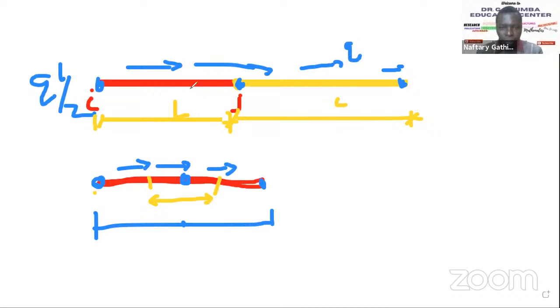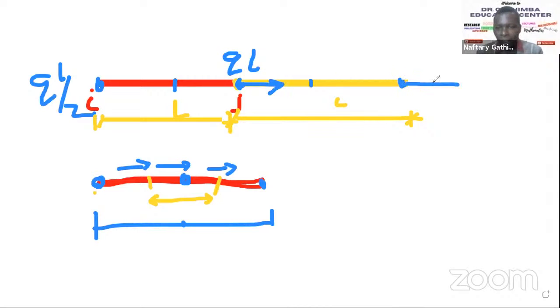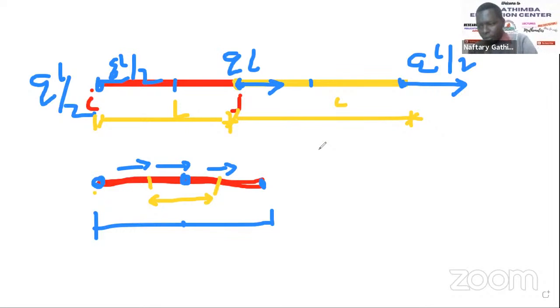At the middle node you have QL, as each adjacent part is L over 2. So you have a force QL applied there, and nodal forces QL over 2 here and QL over 2 here. That's how you resolve distributed loads: you convert them to equivalent nodal forces.